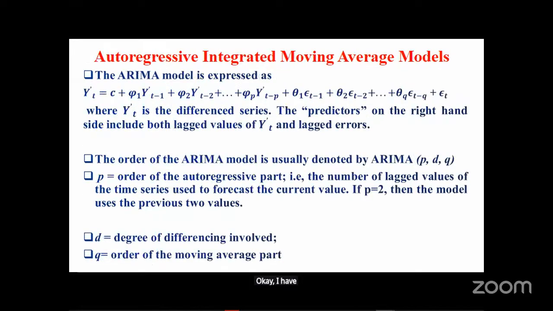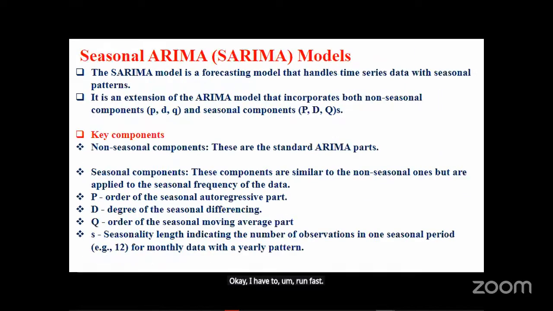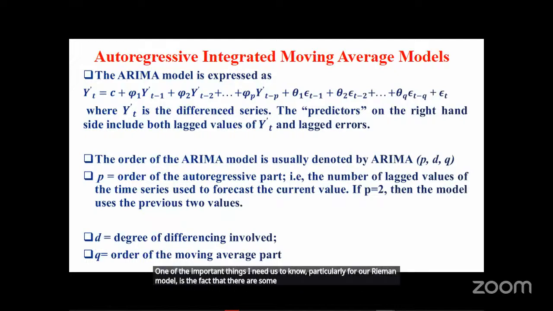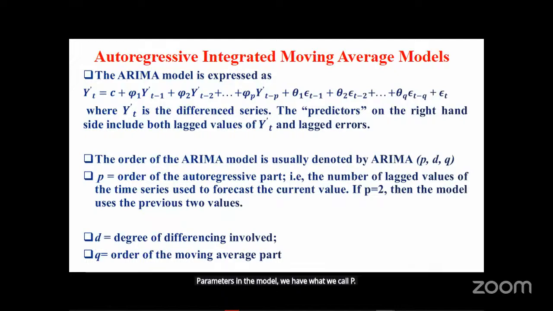Okay, I have to run fast. One of the important things I need us to know, particularly for the ARIMA model, is that there are some parameters in the model. We have what we call P, D, and Q. P is the order of the autoregressive part, and D is the degree of differencing involved. Do I have to difference it once or twice before I can achieve stationarity?